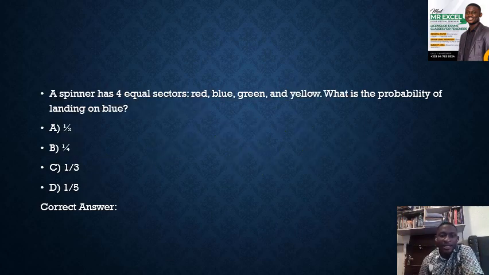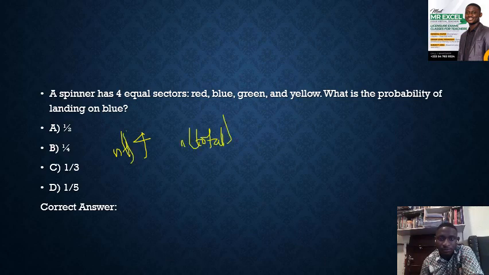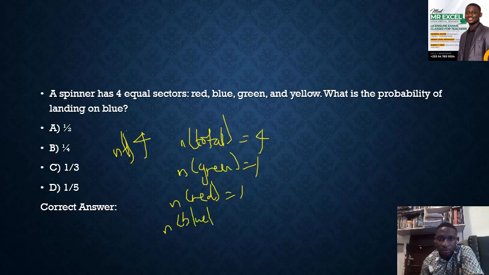A spinner has 4 equal sectors. So 4 sectors, that is the total. Red, blue, green, and yellow. So n of green is 1, n of red is 1, n of blue is 1, and n of yellow is 1.